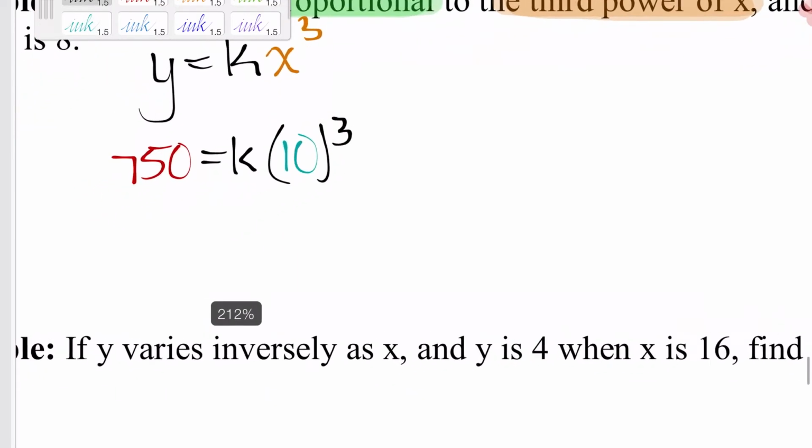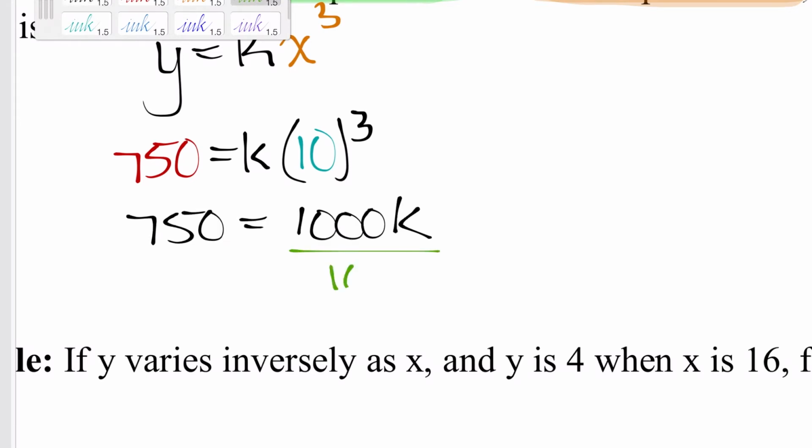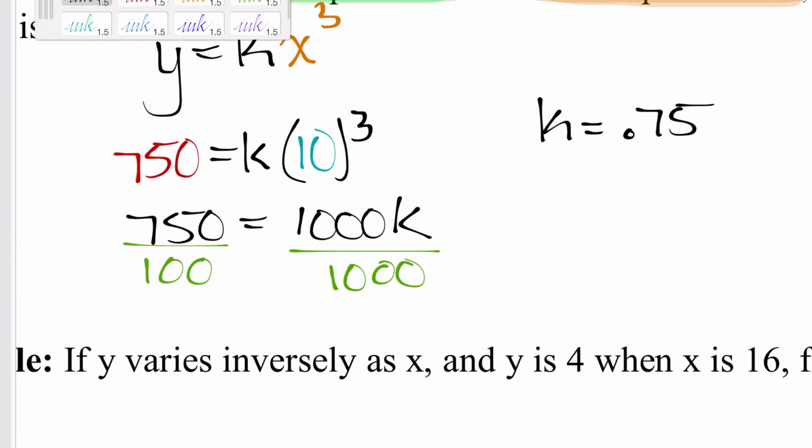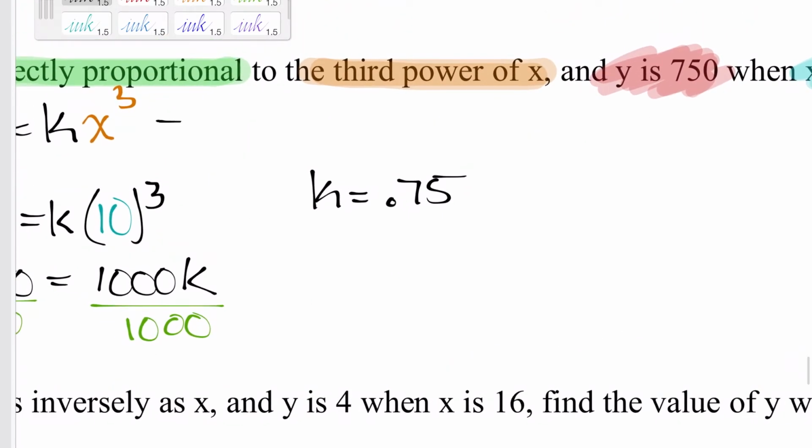Now I have everything but the k, which means I can solve for k and figure out what the constant is, because it is called a constant, it means it doesn't change for this particular problem. So 10 cubed is 1,000. I'm going to do some division to get that k alone, and my k ends up being 0.75.